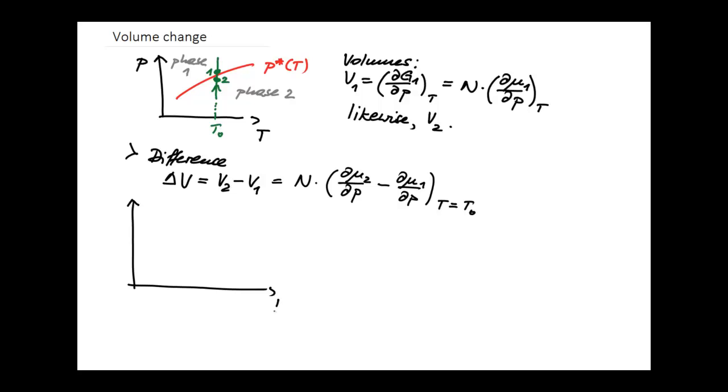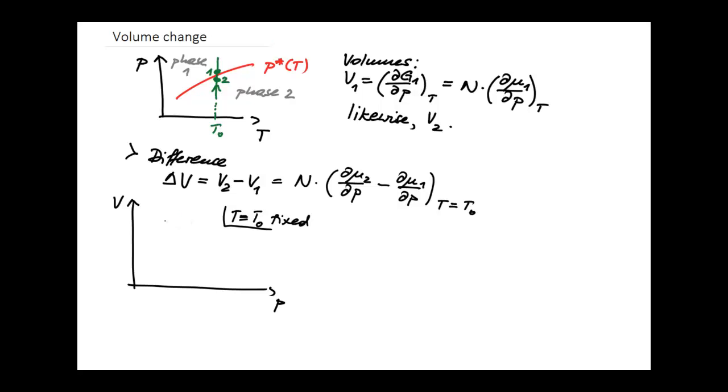Now let's look at the dependence of volume on pressure as we move along the green vertical line in the direction indicated by the arrow. So we're going upwards. So we are first in phase 2, and then we cross the coexistence curve, and then we are in phase 1. And in doing so, the temperature is fixed at T0.